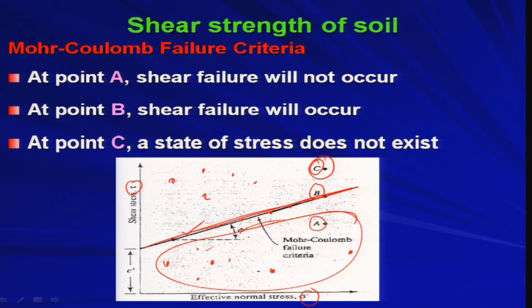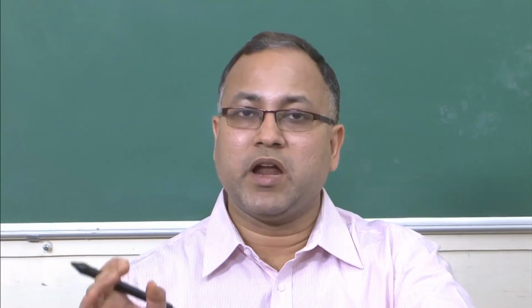The region is defined by this strength or failure envelope. Within that region you can roam around and get different combinations of shear strength and normal stress, and for that you can say whether the failure is happening or not. You cannot go beyond the failure.